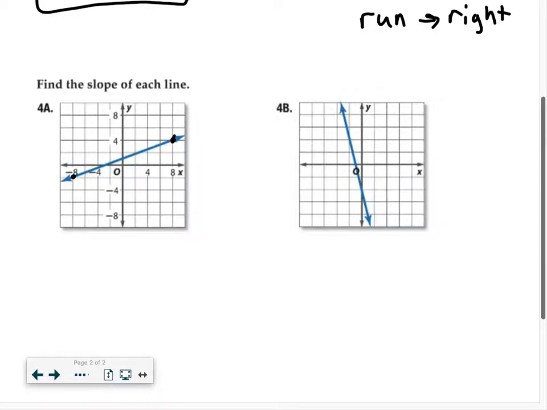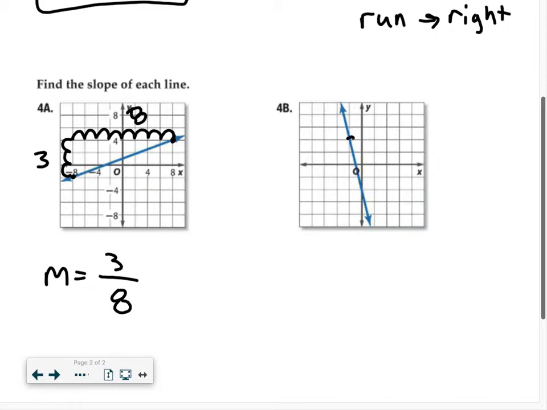Again, I always start at the left. So I go up 1, 2, 3, so my rise is 3. And I'm always running to the right, so this is always positive: 1, 2, 3, 4, 5, 6, 7, 8. So I ran 8, so 3 over 8 on this one.